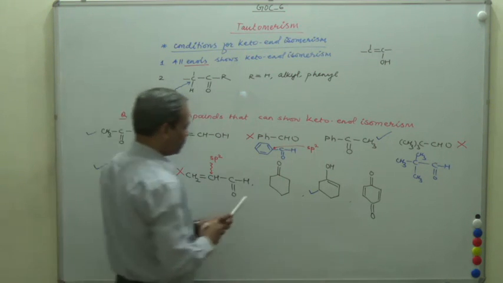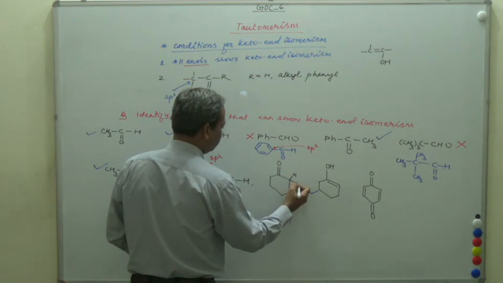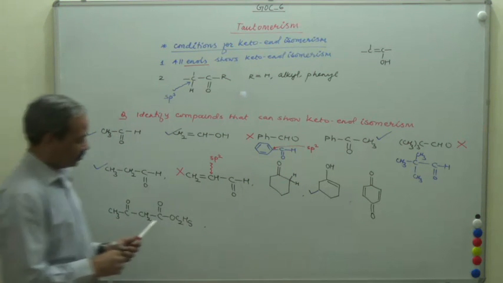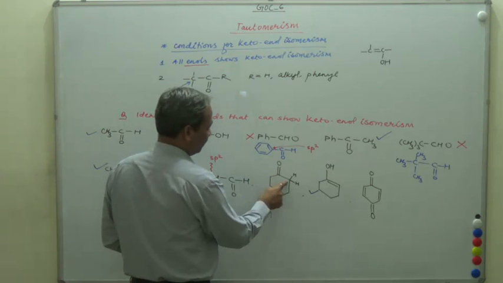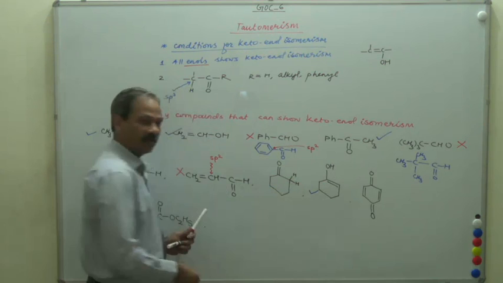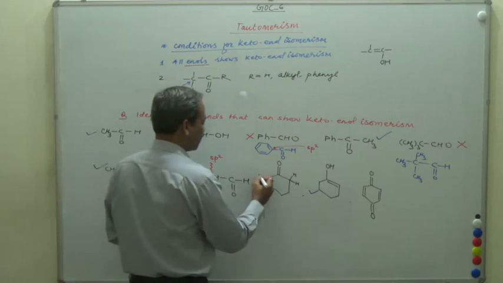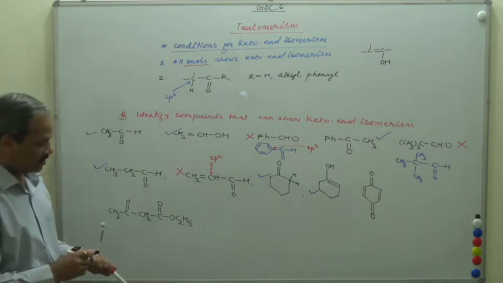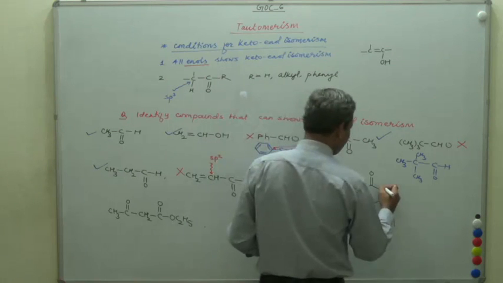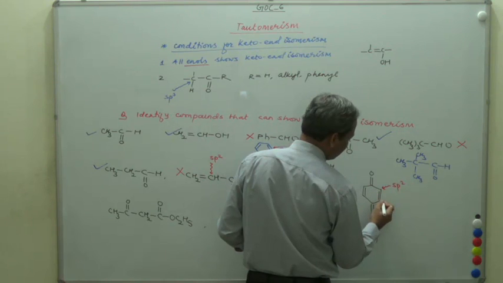Now in this compound, this is the C double bond O, and this is alpha hydrogen atom. So C double bond O, alpha carbon atom, sp3 hybridized alpha carbon atom, and hydrogen bonded to this sp3 hybridized alpha carbon atom. So it shows keto-enol isomerism. Now in next compound, these alpha carbon atoms are not sp3 hybridized.